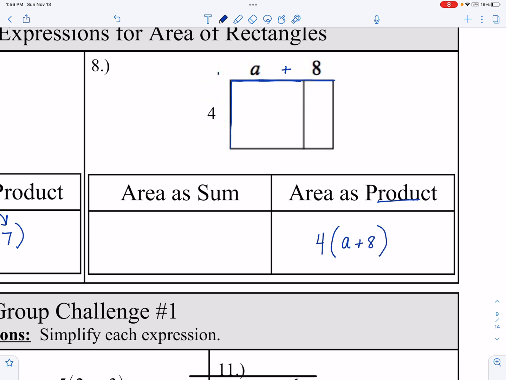Because if we combine those, then I have a total length times an entire width. Okay, so length times width, so that's the same thing, 4 times whatever that entire distance is. Okay, as a sum, we have the distributive property. So we have our 4 times a plus the 4 times 8 is 32. Okay, so there's my area as a sum and my area as a product.